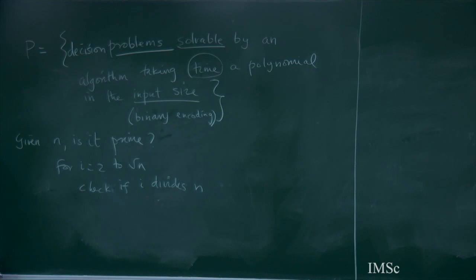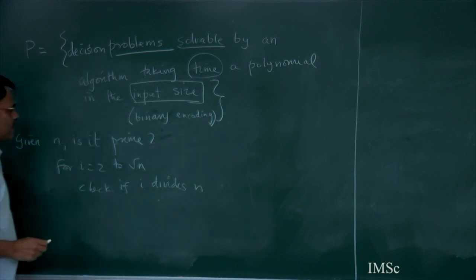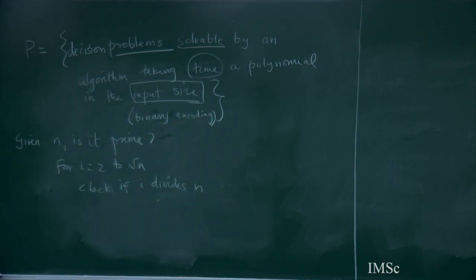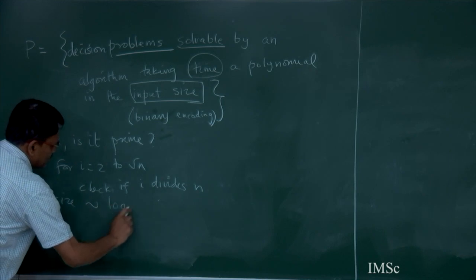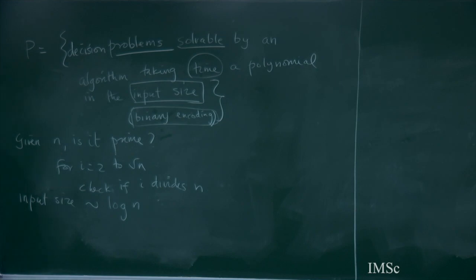Yes. So you guys know. So, okay, why is it not a polynomial algorithm? Because what is the input size here? What is the input here for us? The input is n. So if I write it in binary, the input size is log n, not n. Because I am talking about a binary encoding of my input, right?